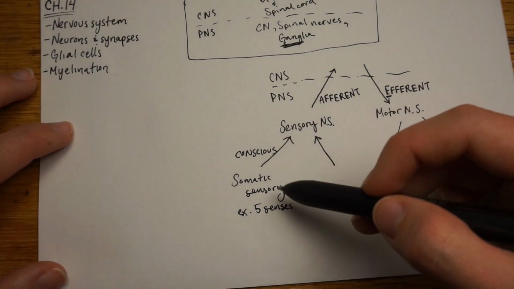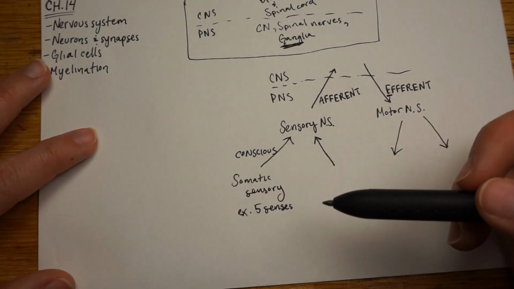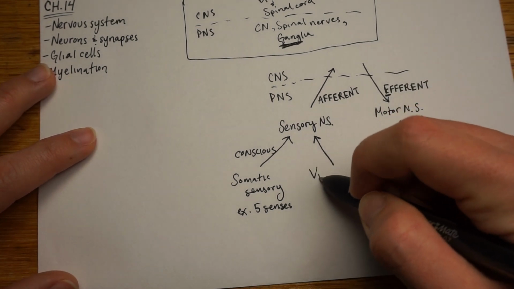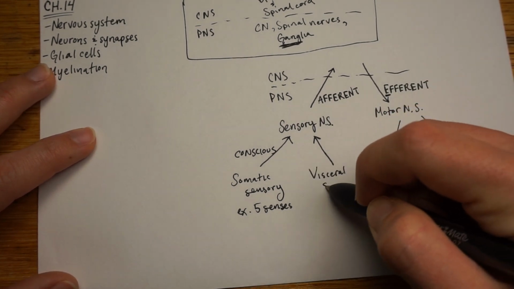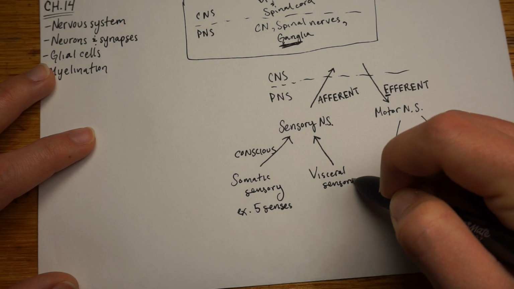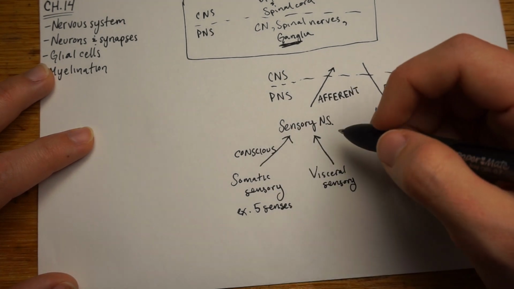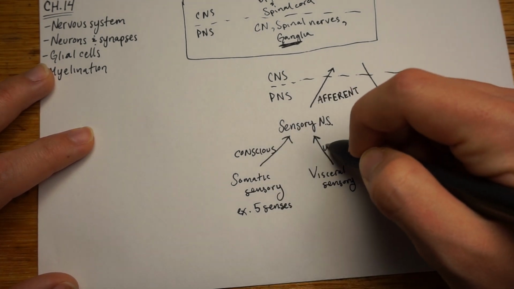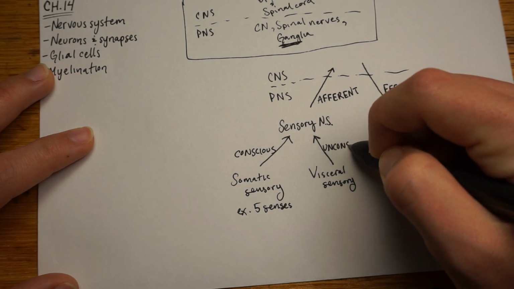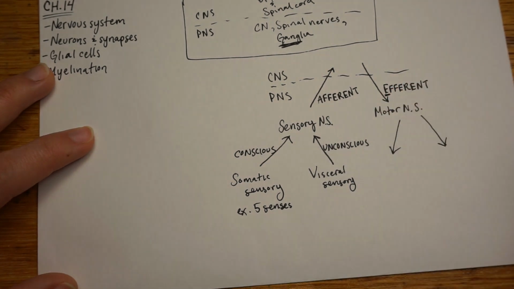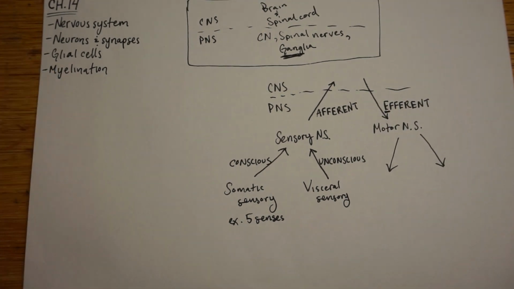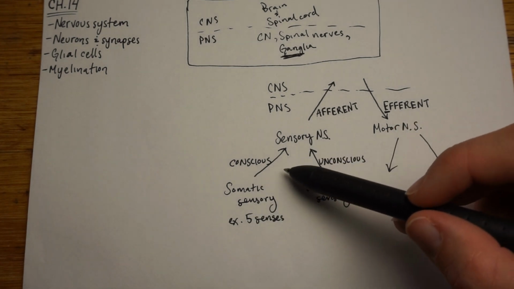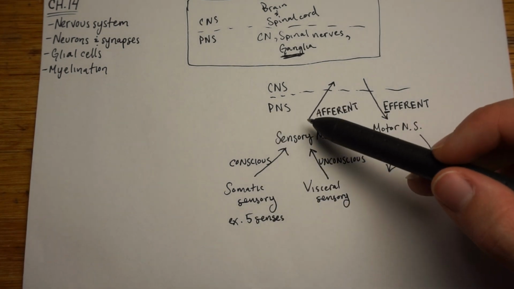You are consciously aware of that. So that's part of your somatic sensory. Then you have visceral sensory. And this is going to be the opposite, right? The not conscious, or unconscious. Those are two ways that you can receive information from the peripheral nervous system and send it to the central nervous system.